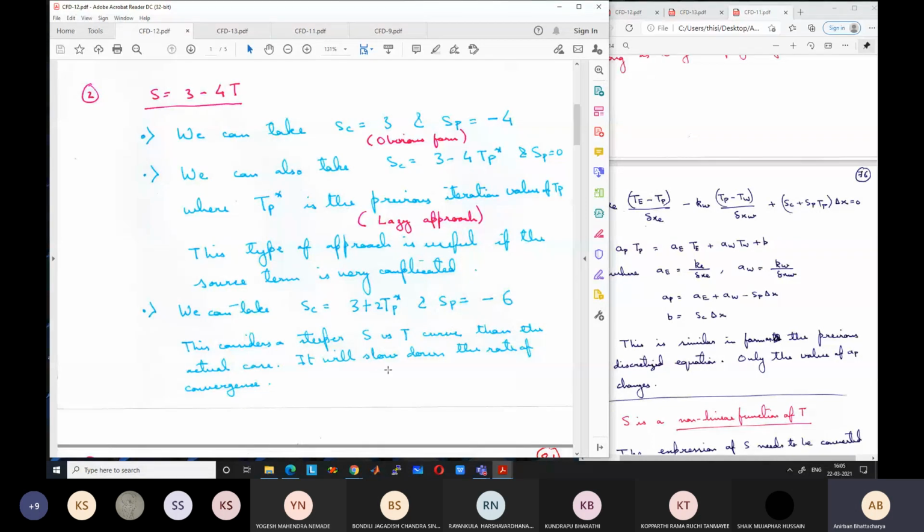If you have large time steps, like in an implicit problem, in a single time step the change in temperature may be quite large, and the source term will drastically change. And as a result, because the source term will dictate what will be the new temperature, the new temperature will also drastically change.